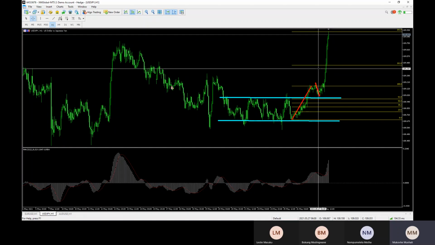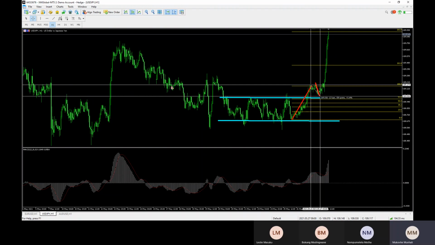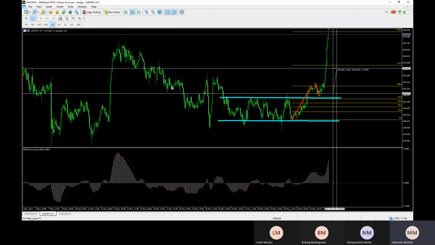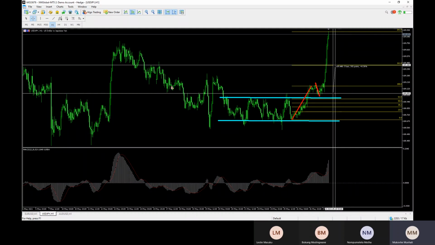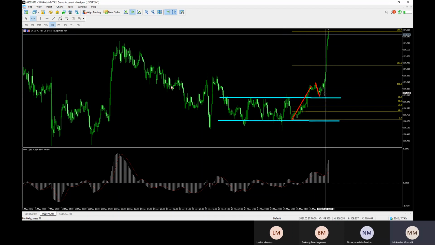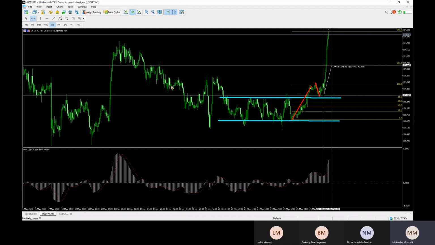So what you see is that once you have entered your position just after the retracement, then you're gonna take your profits at that level, 161.8, which in this case is a bit more than the height of the channel, 393 points. The height of the channel was about 300, so on the other side it's about 390-something points.